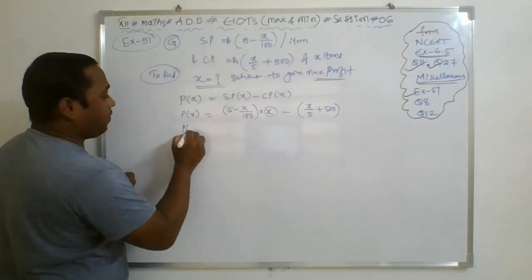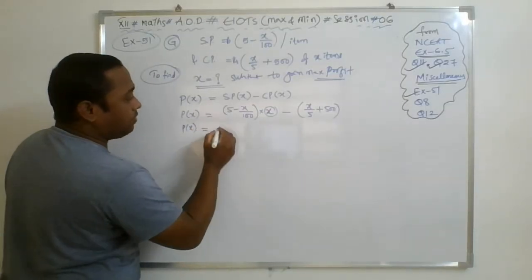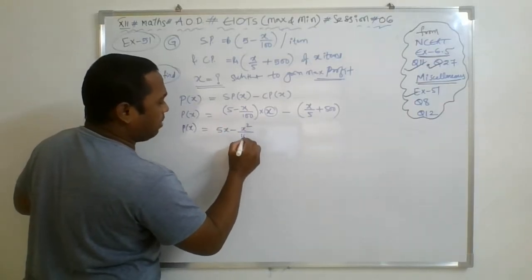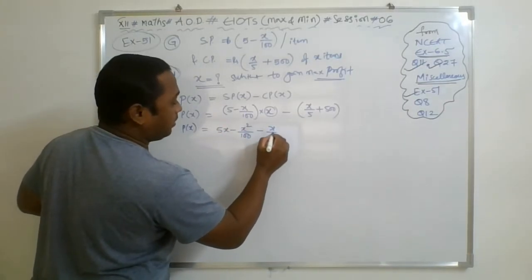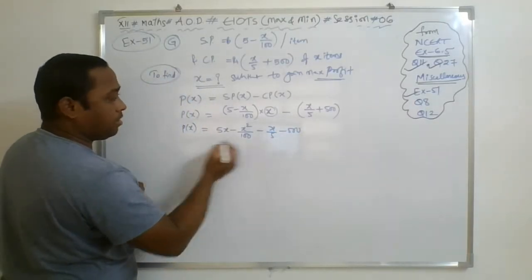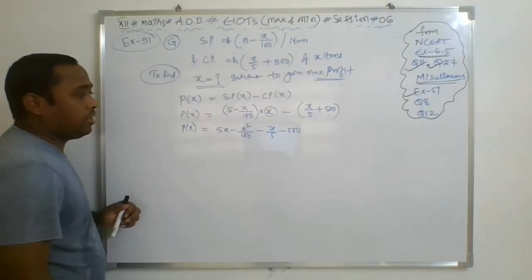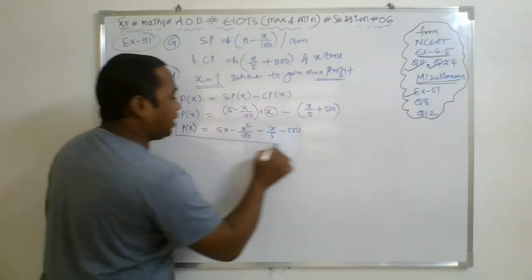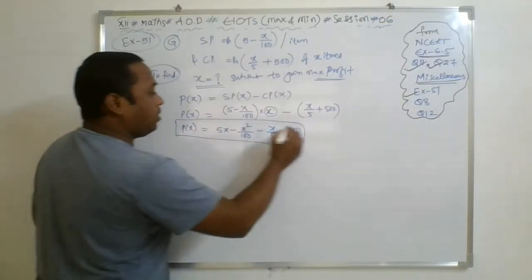And then what is the profit function? After multiplication you will get 5x minus x square by 100 minus x upon 5 minus 500. I think you got the profit function directly in terms of a single variable.